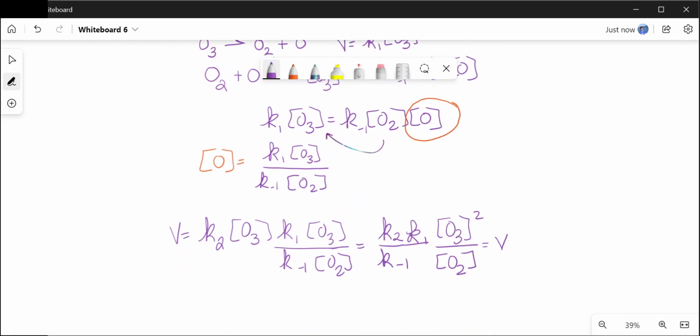So my final answer for the rate expression for the reaction up above is K2 times K1 over K minus 1 times O3 squared divided by O2.